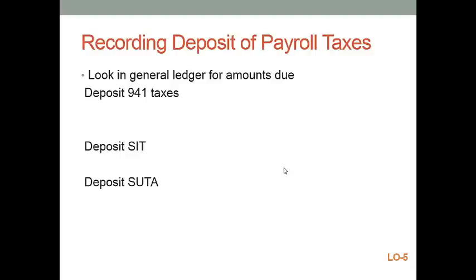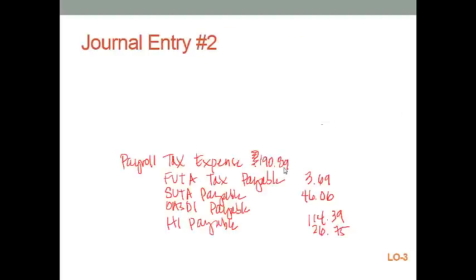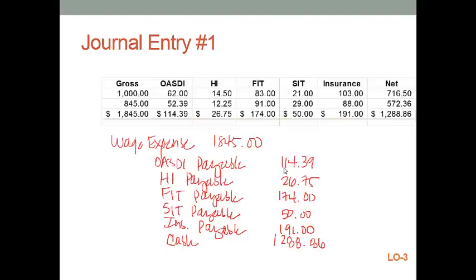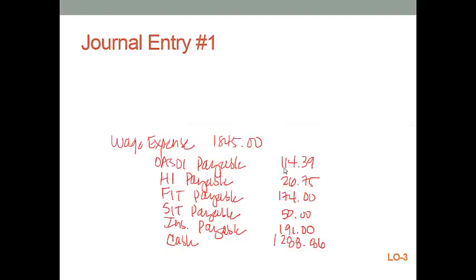If you look back, we can figure out what these amounts are. Let's go back to our journal entry number 1. Our FIT payable here is $174. That's what we deducted. If that's the only payroll that we paid before we deposit, then that's the amount that we owe.